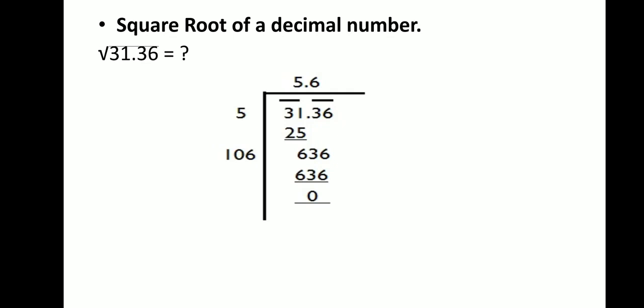So after that, bring down the pair of digits below the next bar, that is 36, which will be written along with 6. Now double of the quotient, the quotient is 5, so double of 5 is 10.